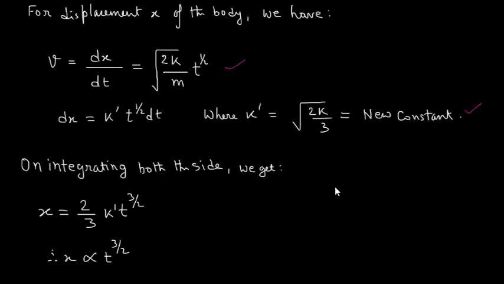On integrating both sides, we get x is equal to 2 by 3 k dash t to the power 3 by 2. Therefore, x is proportional to t to the power 3 by 2, which is the answer.